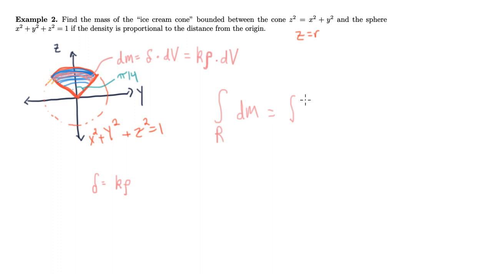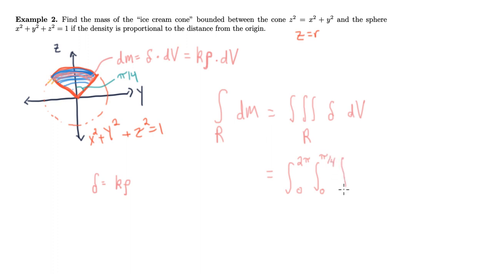So this will be the triple integral of delta, which is just k rho. And then we'll describe this in terms of spherical coordinates. So theta is going from 0 to 2 pi, as we said. And phi is going from 0 to pi over 4. Okay.